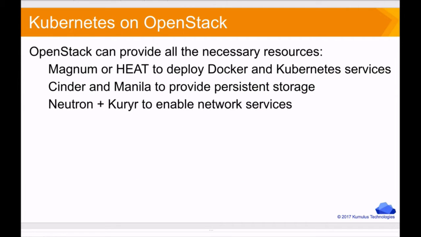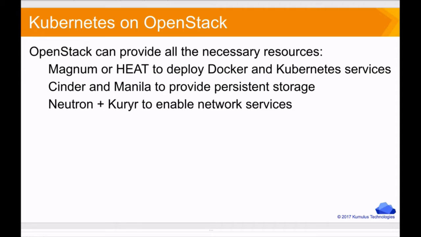Now, there is another way that we could actually get Kubernetes running without having to manually deploy all these infrastructure services, and that is to use something like OpenStack, so infrastructure as a service, or Amazon Web Services or Google Compute, for example. And actually, if we were using OpenStack, since I have quite a bit of history in the OpenStack space, I like to talk about it a little bit. Turns out that there are a couple of different ways of actually getting Kubernetes running on top of that.